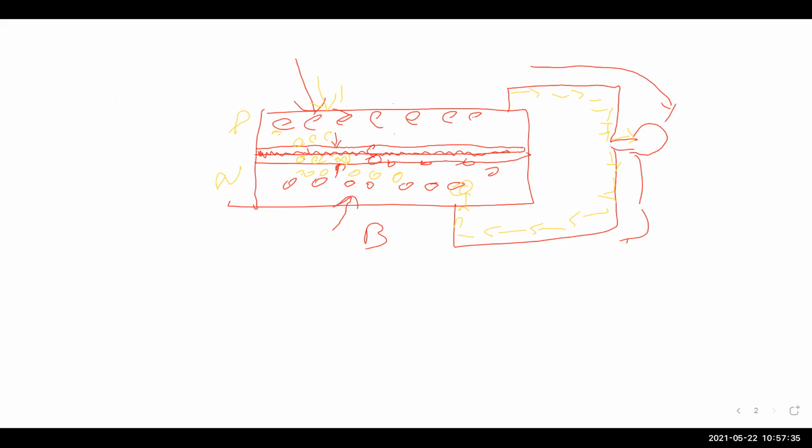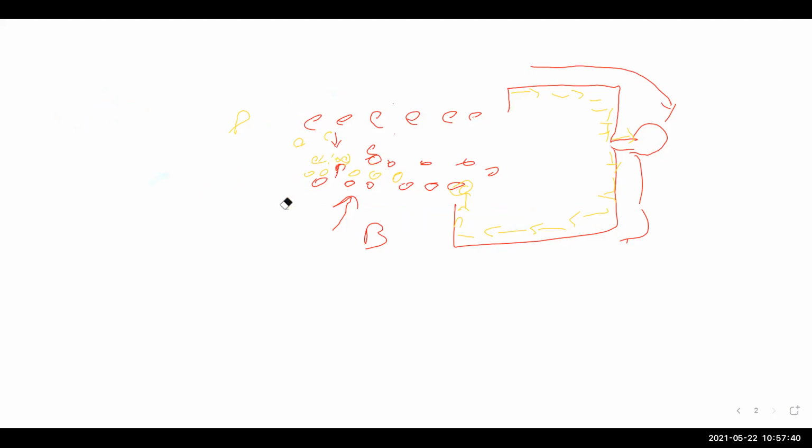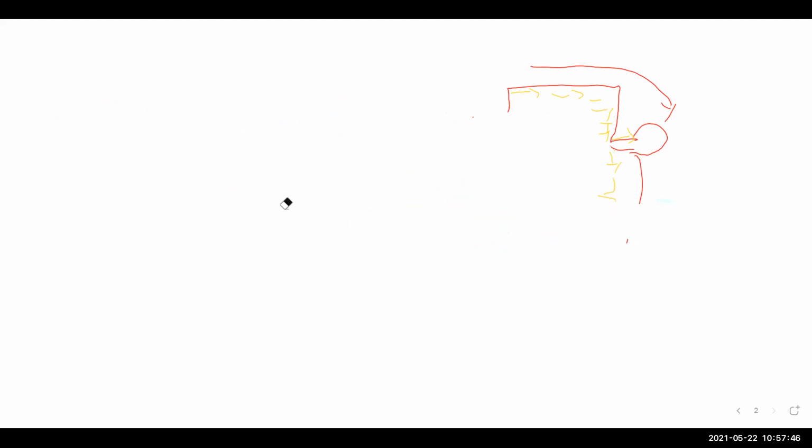Now for the practical part, this is the ideal case. It works similarly for practical cases, but the construction is slightly modified.